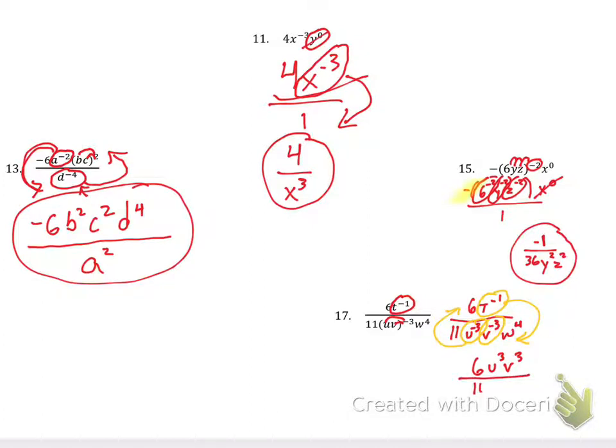And what's left down there is w to the 4th, but remember, we're still bringing this t down. W to the 4th, t to the 1st. That's number 17.